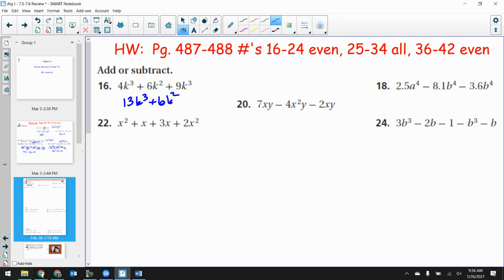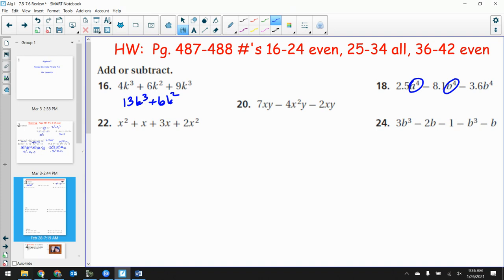Number 18. What did you get for 18? Emily, she sits up there. Taylor, what did you get for 18? 2.5 a to the fourth power minus 11.7 b to the fourth. Good. Notice that a lot of people might try to combine those. Those are A's and B's.